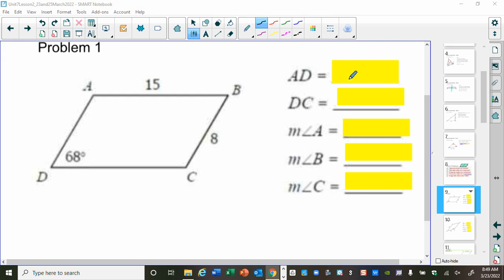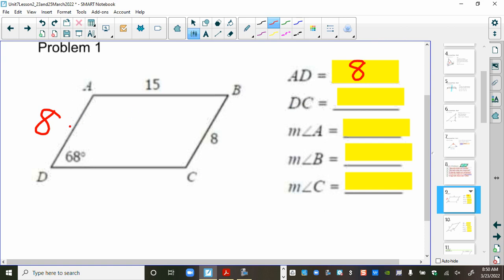All right. So who wants to take a guess? This side from A to D. What do you think the side from A to D would be? AD is 8 because BC is 8.